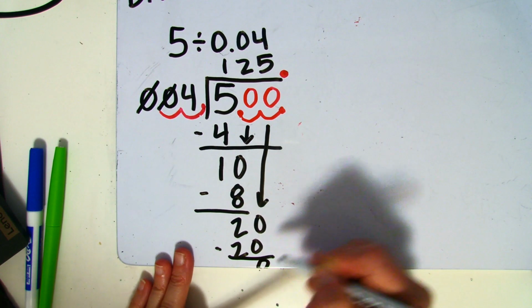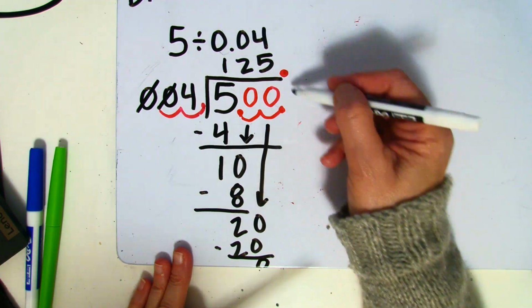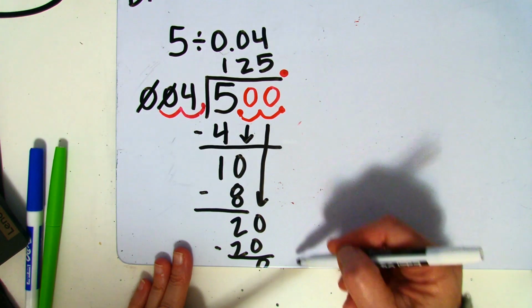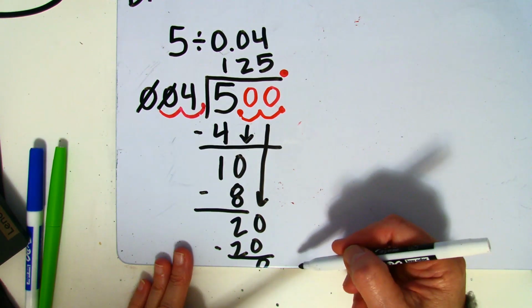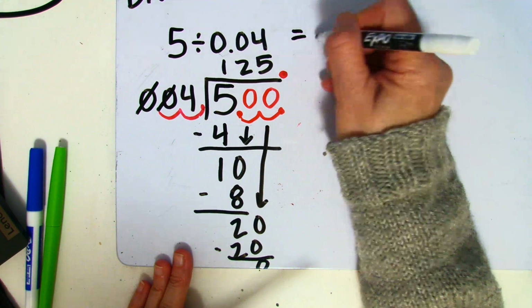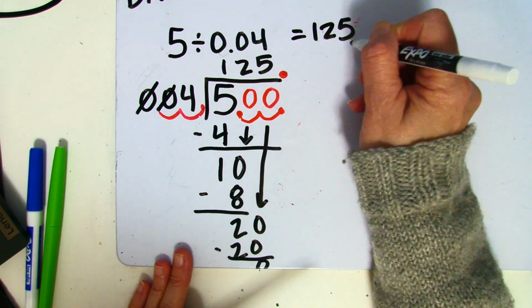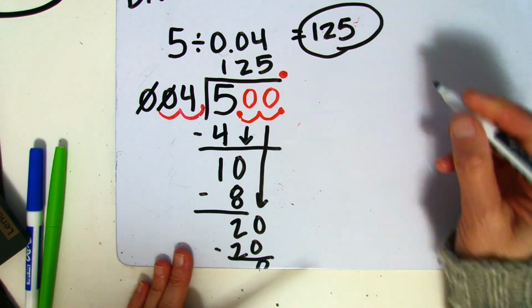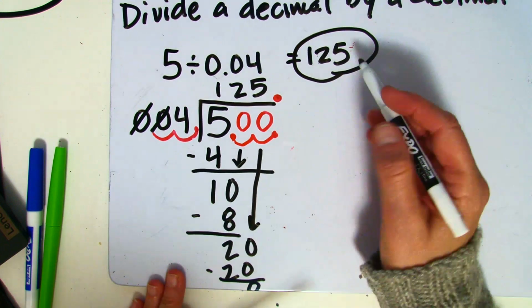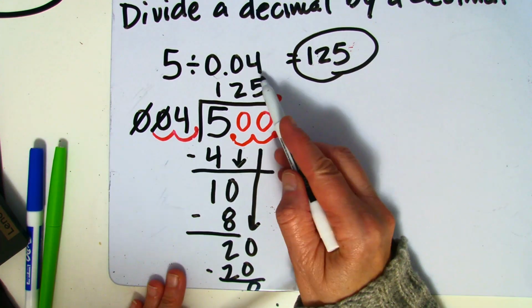Because the difference is 0, I don't need to add a 0 to bring down any more digits. My answer is going to be 125.